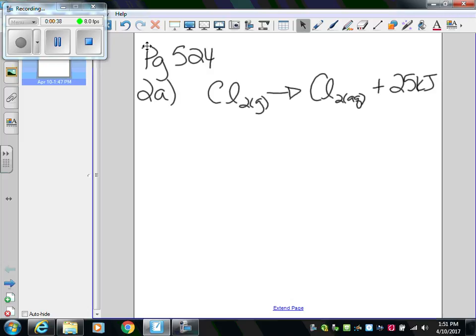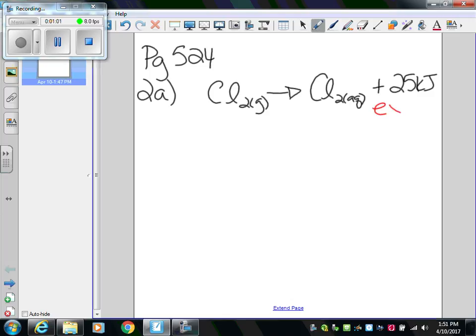So what we're going to do is look at this and try to find out which way our chemical reaction is going to shift. If I look at it, do I have an endothermic or exothermic? Exothermic.